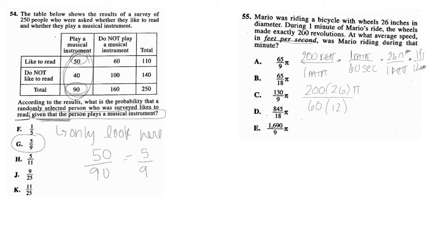So we have 200 times 26 and then 60 times 12. That's going to give us 65 over 9. And then don't forget to attach your pi. So really with this one, noticing your units and working toward that feet per second, that's going to be the best way to do these types of problems for sure.